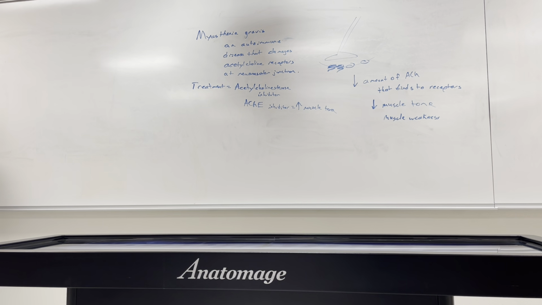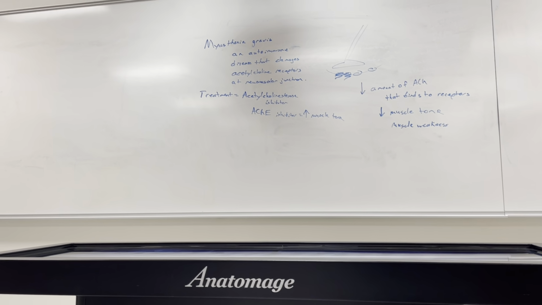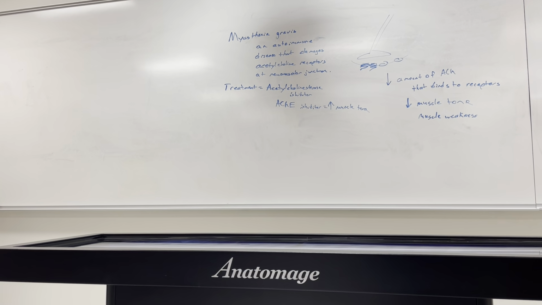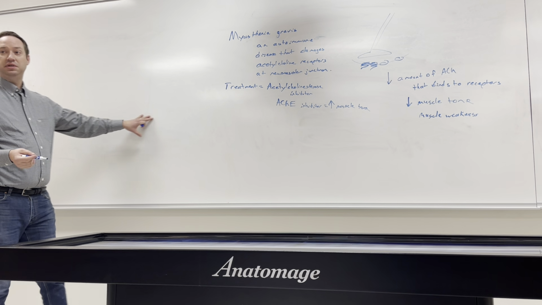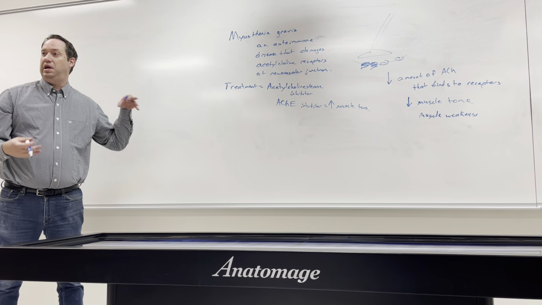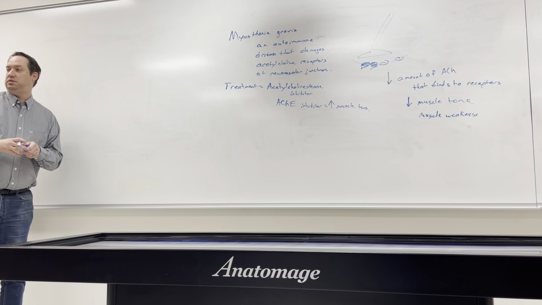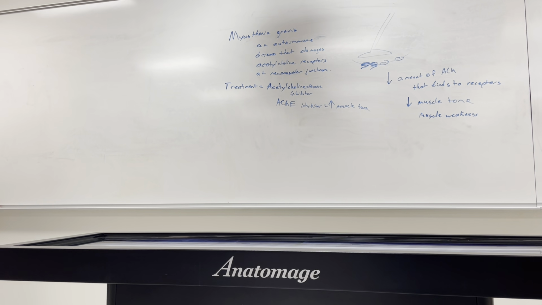Because when we upset the balance that's there, when there's additional muscle tone or not enough muscle tone, we can treat that. Acetylcholinesterase inhibitors increase muscle tone. And in some forms, this is really dangerous and will kill you.